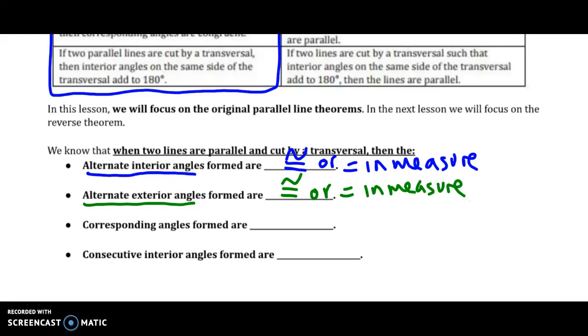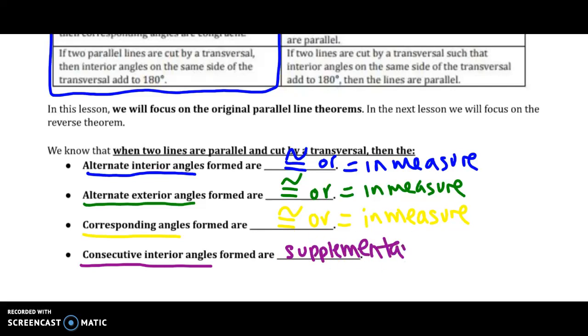The corresponding angles are congruent or equal in measure. And the consecutive interior angles, or same side interior angles, are supplementary, which means they add to 180. Again, supplementary is a term that can only be used for 2 angles.